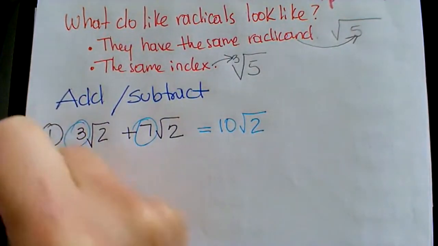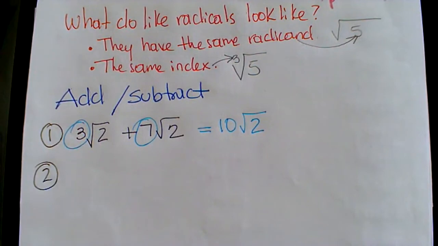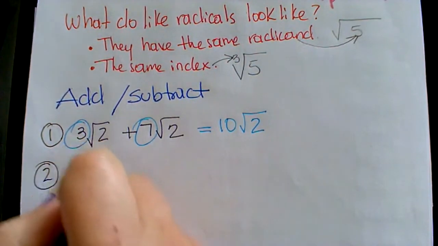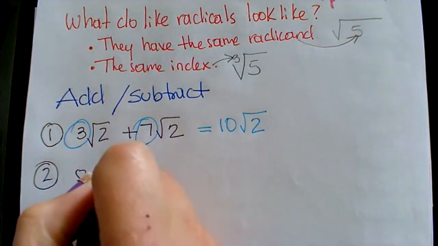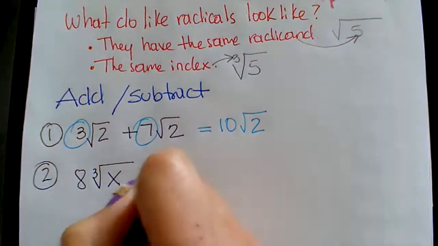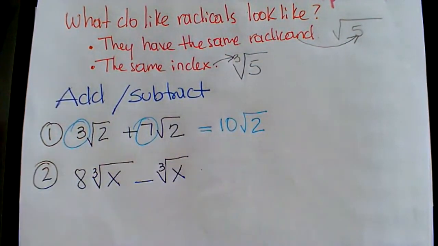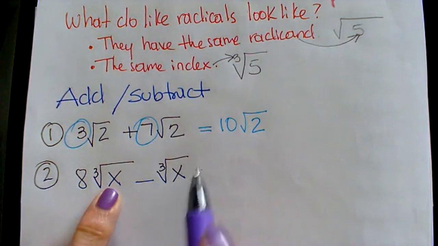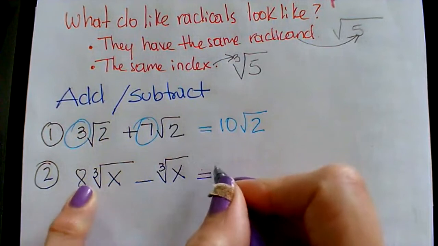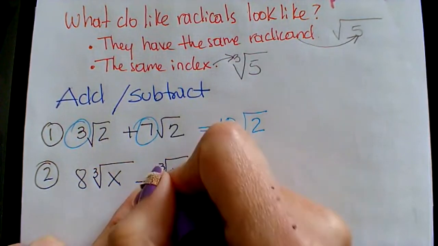Now, the next one. We have 8 cubic root of x minus the cubic root of x. So what do I do? Again, we have the same radicand, so I subtract the coefficients.